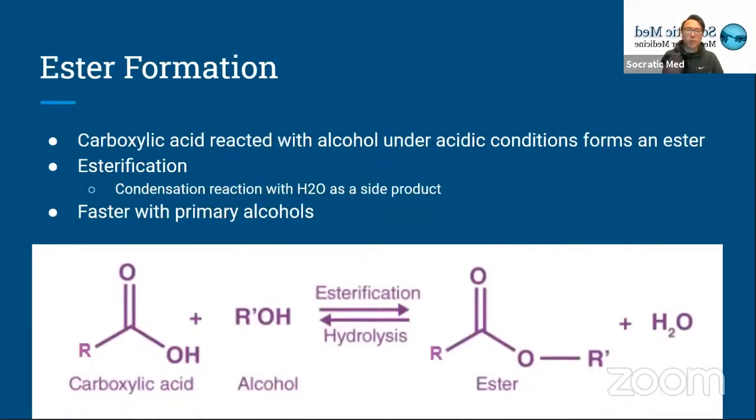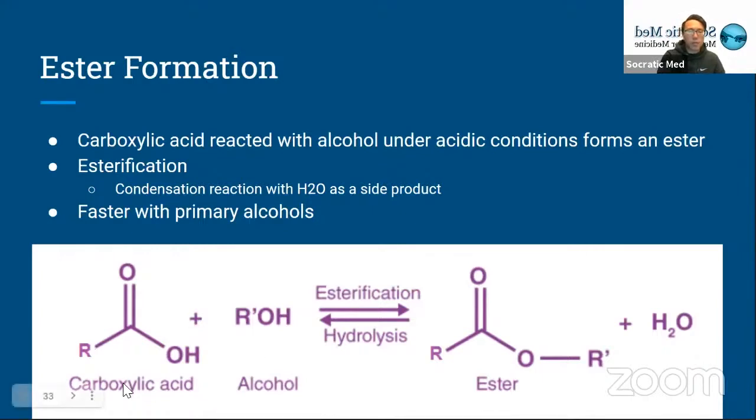Next, formation of an ester. When you react a carboxylic acid with an alcohol group under acidic conditions, this forms an ester group, also known as esterification. This is considered a condensation reaction because you combine two groups and form H2O as a side product.